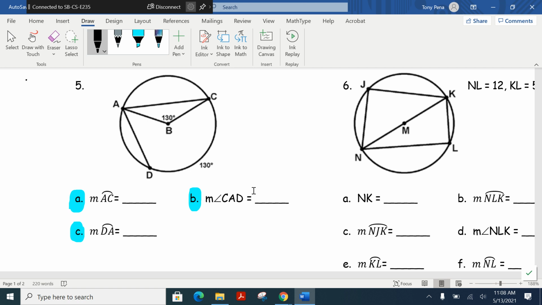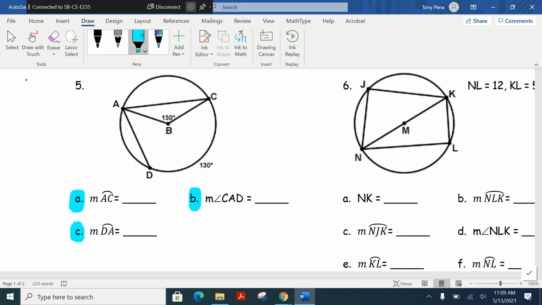This is a nice one to wrap up with together because I think it's a fair one relative to some of the ones that we've done. Okay, let's see what we got here.